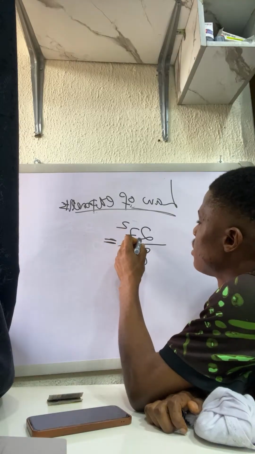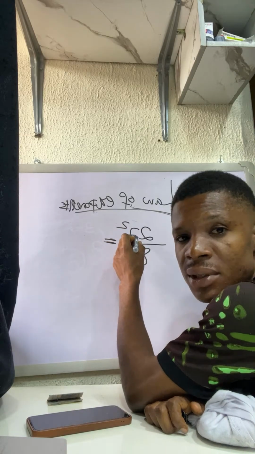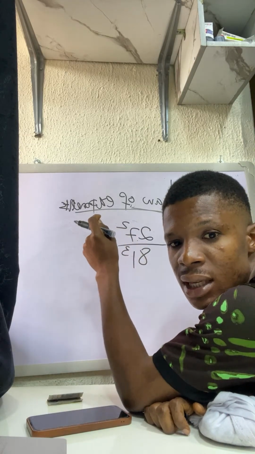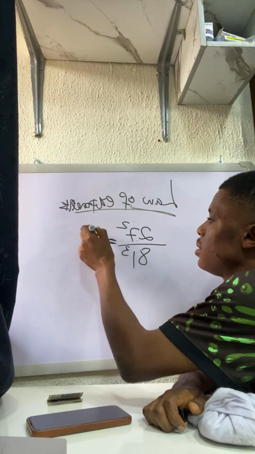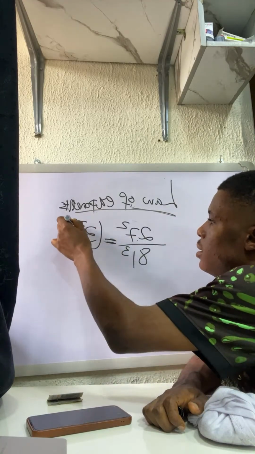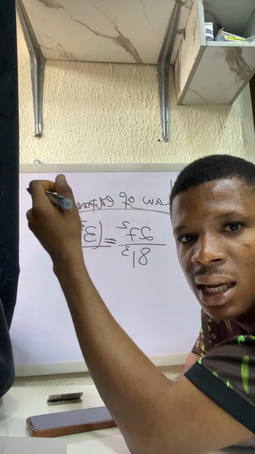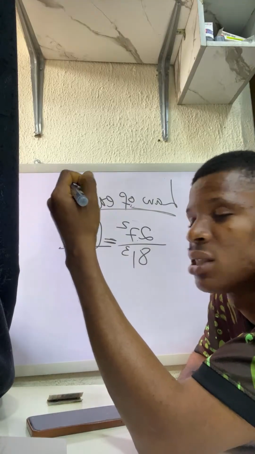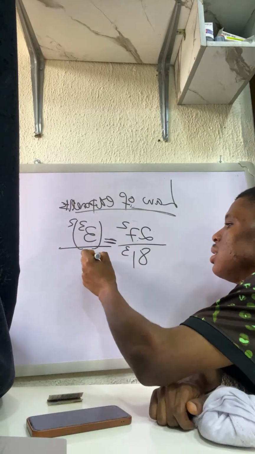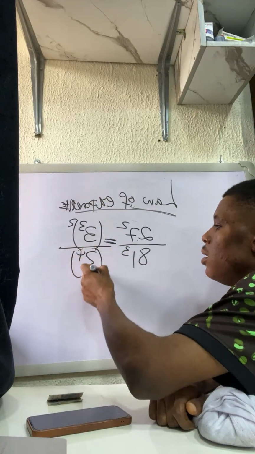So 27 can be seen as 3 times 3 times 3, which is 3 cubed, then all squared, then divided by 81, which is 3 times 3 times 3 times 3, which is 3 power 4. So we have 3 power 4, all squared.